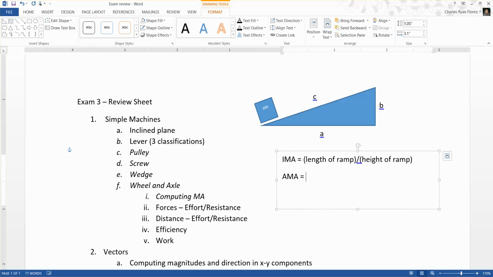Actual mechanical advantage is denoted as the force of the, or not force, well, it is a force, but the weight of the object divided by the force required to get this box across this ramp.